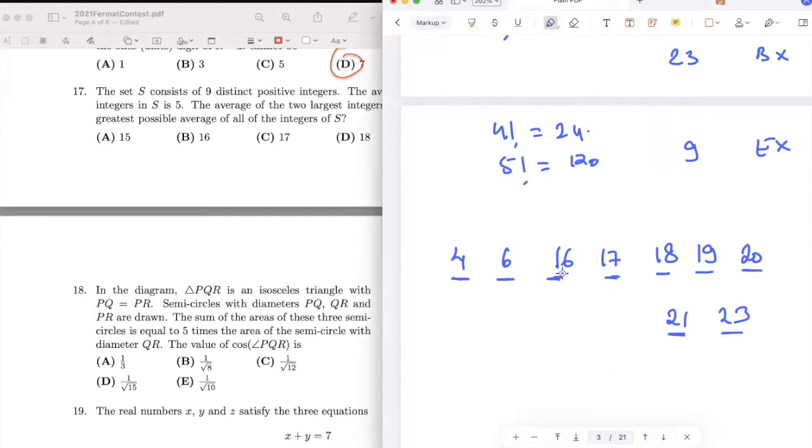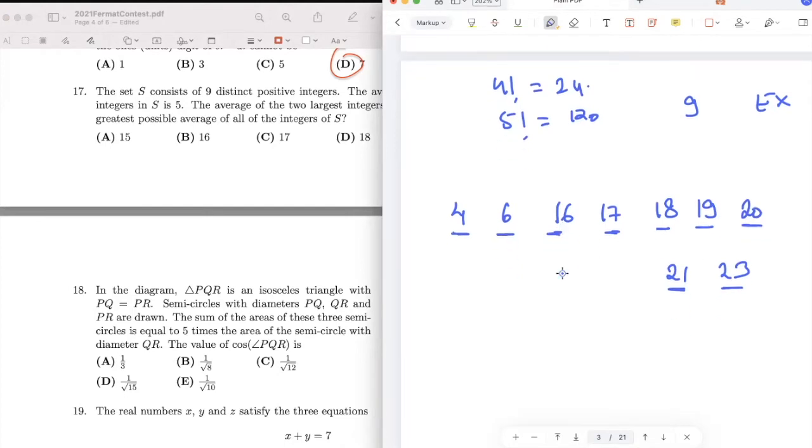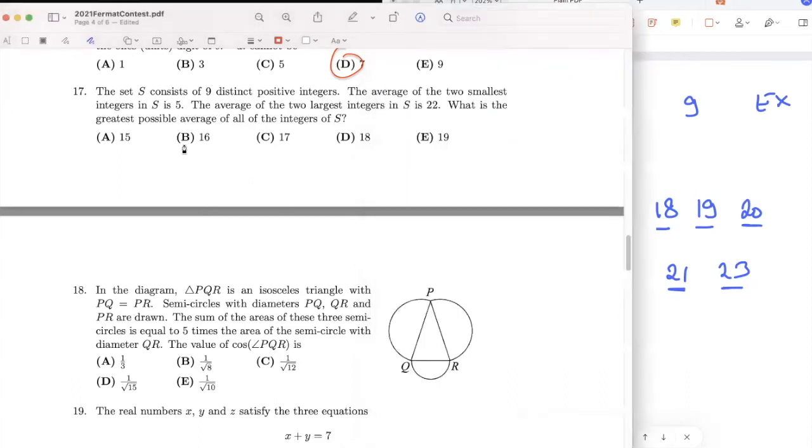So what is the greatest possible average? So then let's just add this. 6 and 4, 10, 16 and 10, 26, 36 and 7, 43, 53 and 8, 61, and 9, 70 and 10, 80, 100, 120, 140, 144. 144 divided by 9, which is 16. So B.